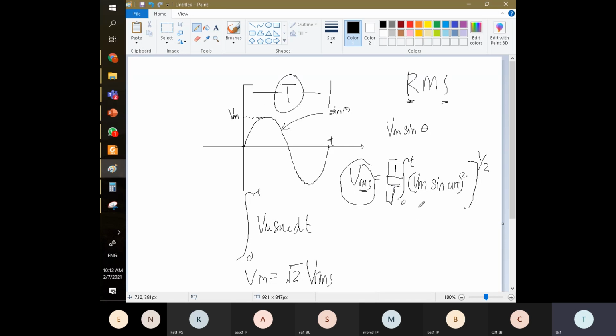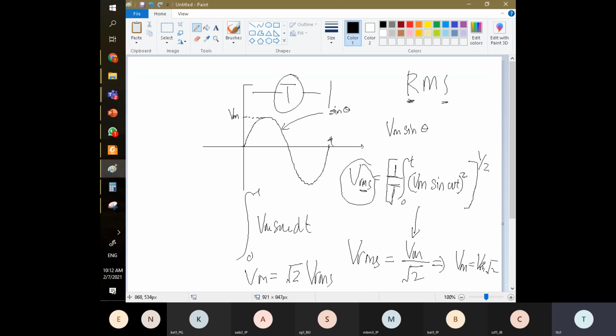If you calculate all the way to the end, you will get the root mean square equal to Vm over square root of 2. That means Vm is equal to VRMS times square root of 2.